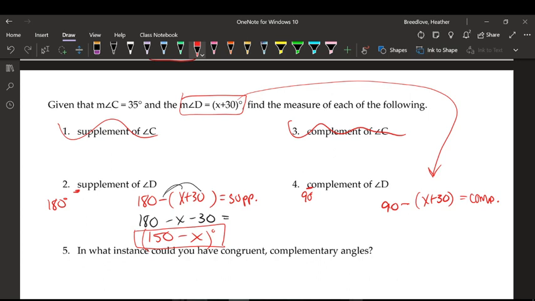All I can do is distribute the negative and combine like terms. I can't solve because I don't have enough information. And that's fine. We're going to leave it in terms of x. So 90 minus x minus 30 equals the complement. So all I can do is say 90 minus 30 is 60. So 60 minus x degrees is the complement of angle D.